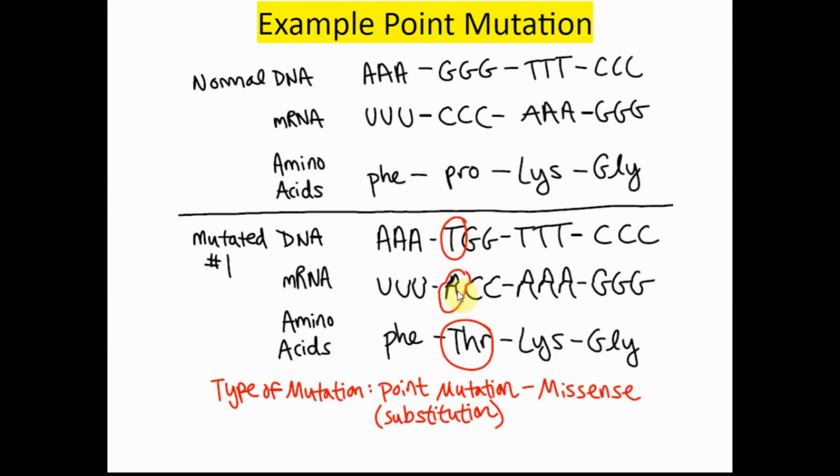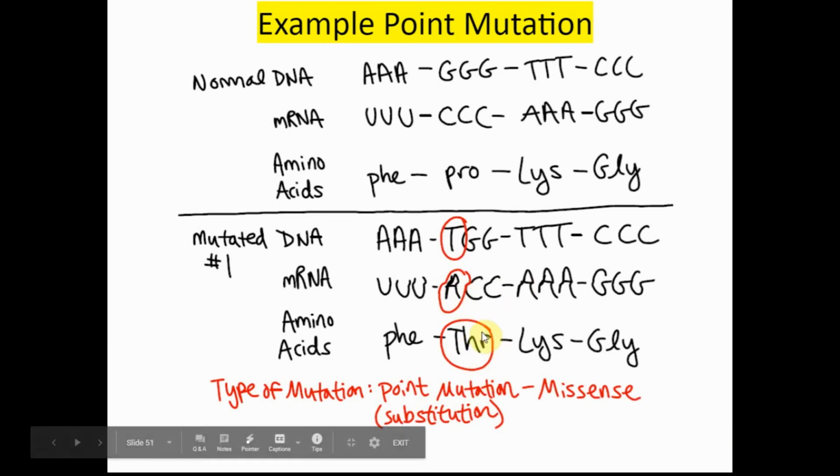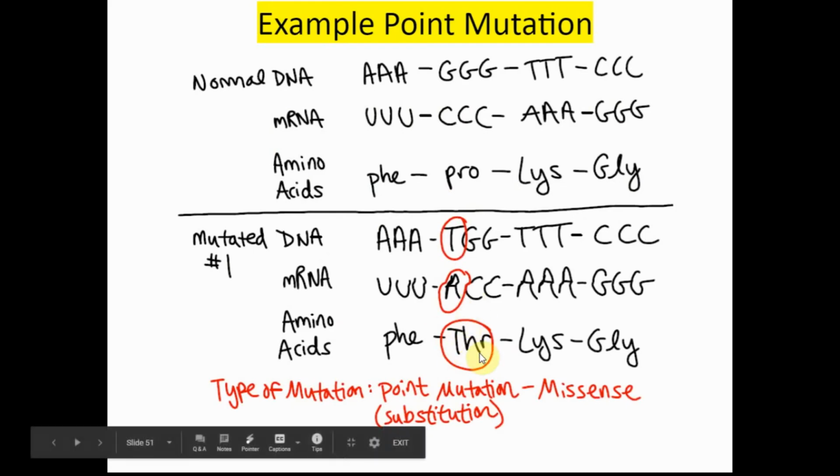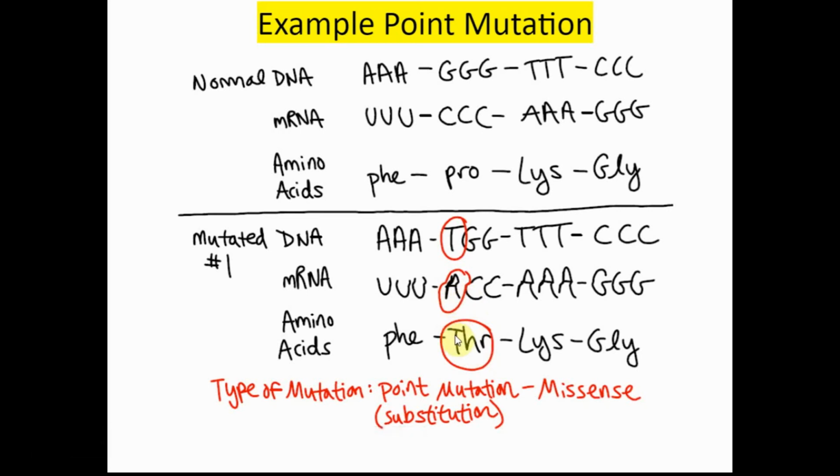And when we looked at the codon chart, ACC then coded for the amino acid threonine, which is different from the original amino acid proline. So we would consider this a missense point mutation because it changed one amino acid. Now, if it didn't change the amino acid at all, that would be a silent mutation. If it coded for an early stop codon, that would be a nonsense mutation.